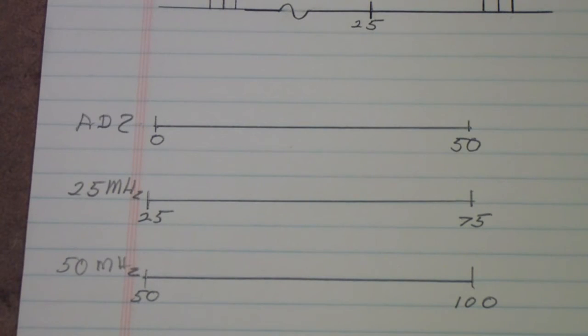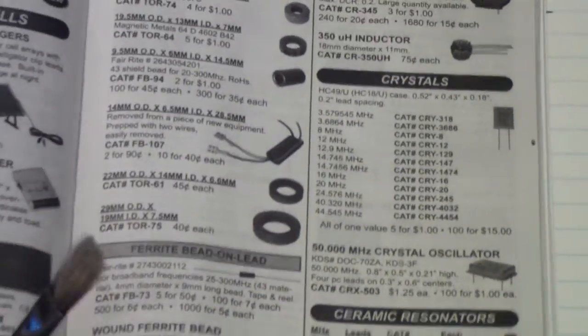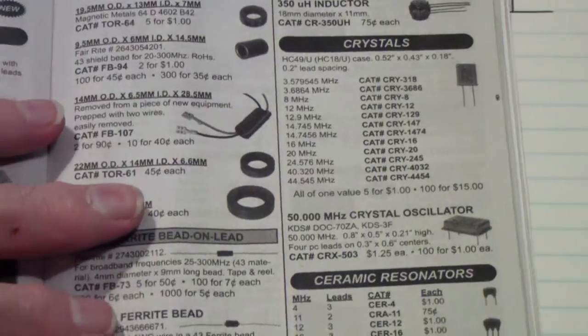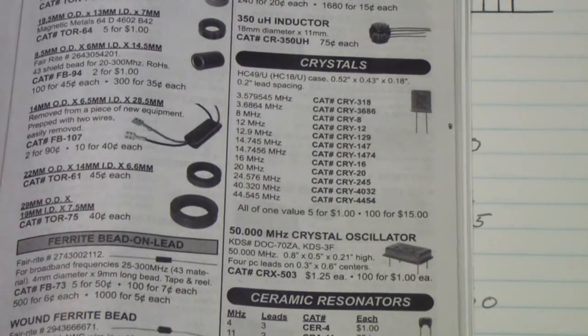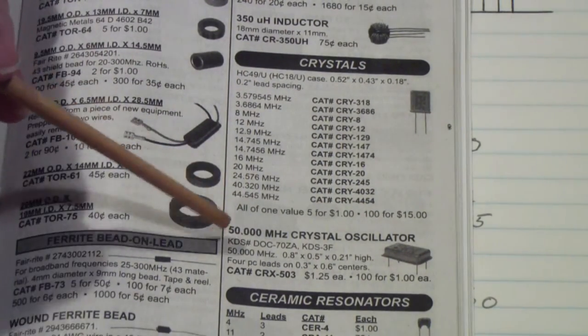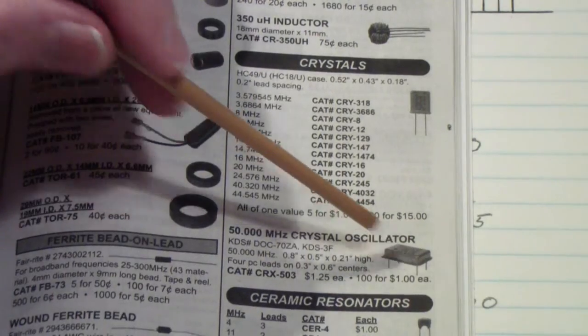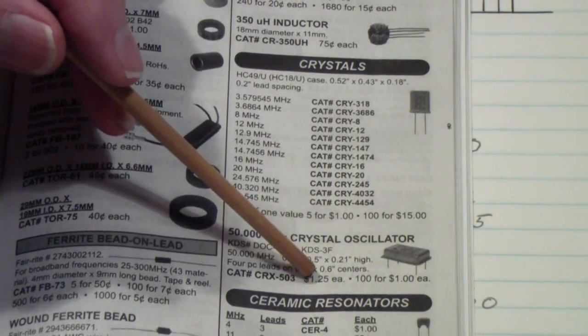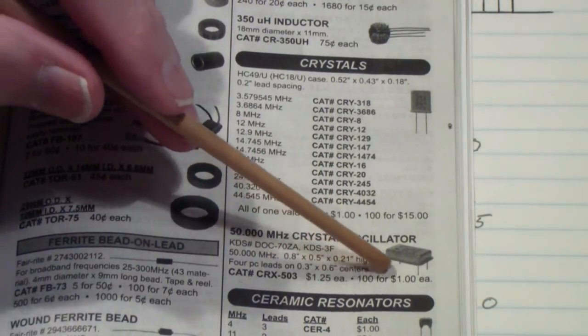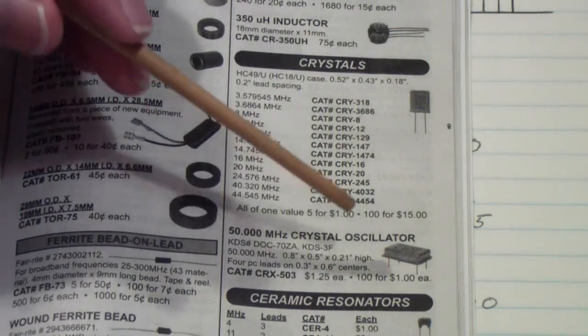One of the reasons that I chose this is I was looking at the All Electronics catalog, and I noticed that they sell a 50 megahertz crystal oscillator, $1.25 each, or 100 for $1 each.